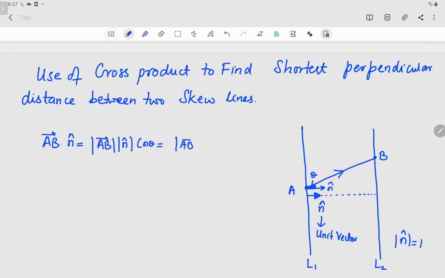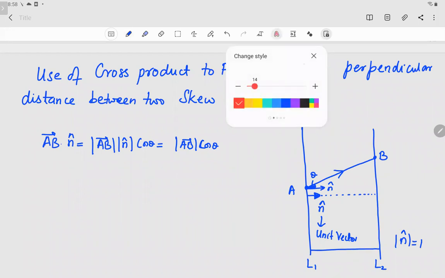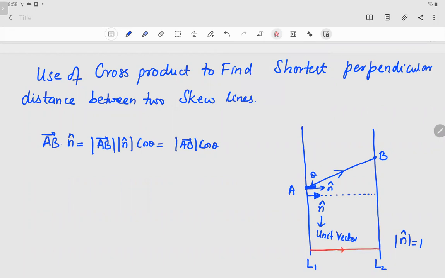It's AB cos theta. And you know, AB cos theta is equal to this distance. AB cos theta is equal to this red line.